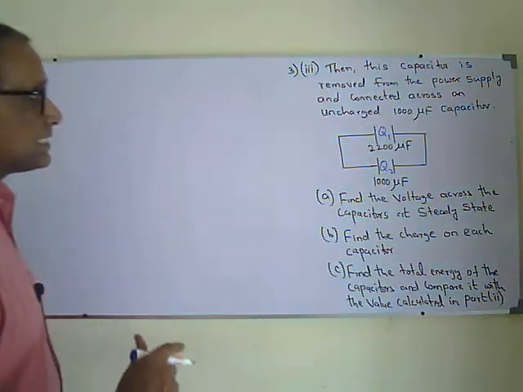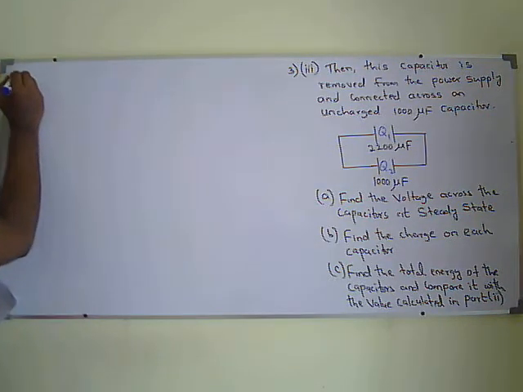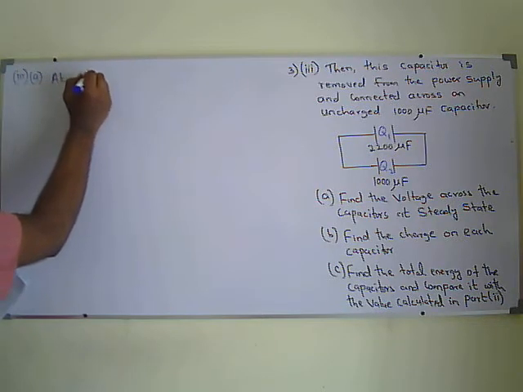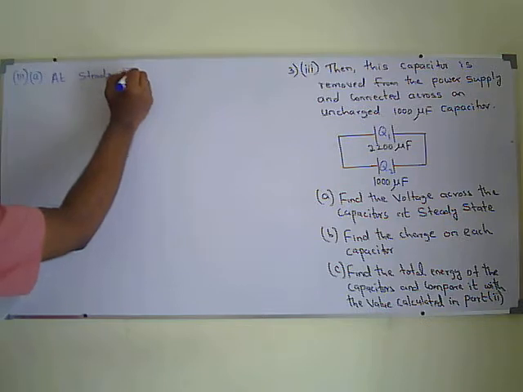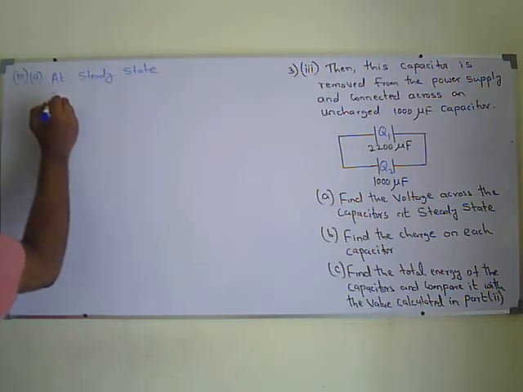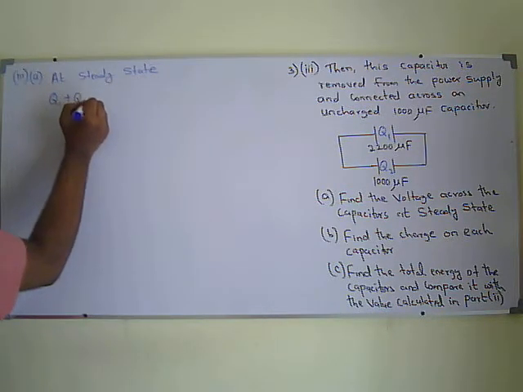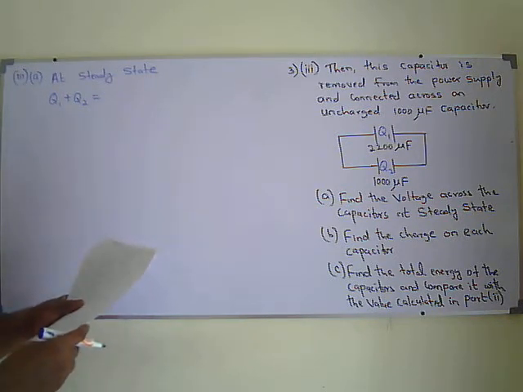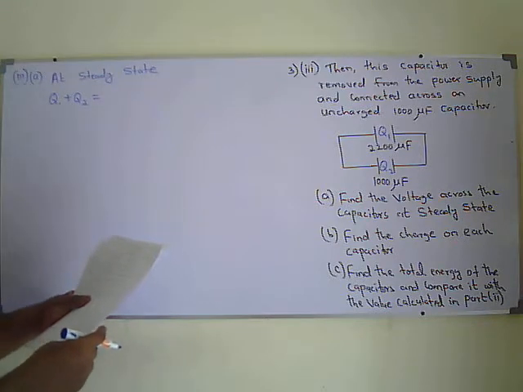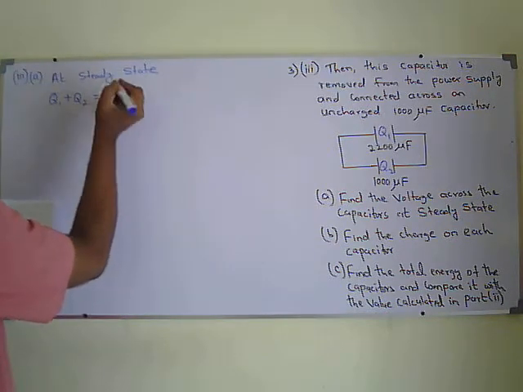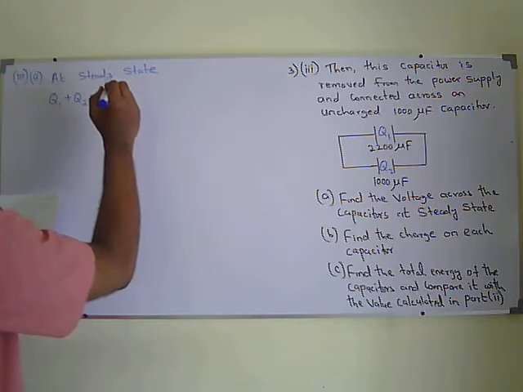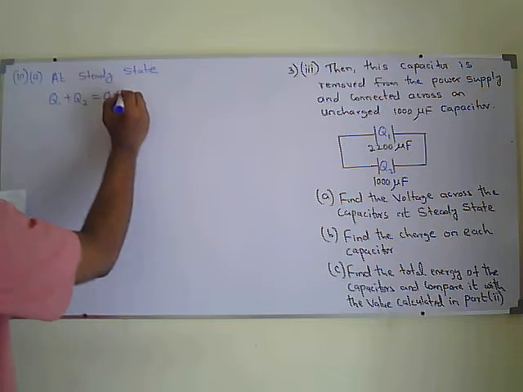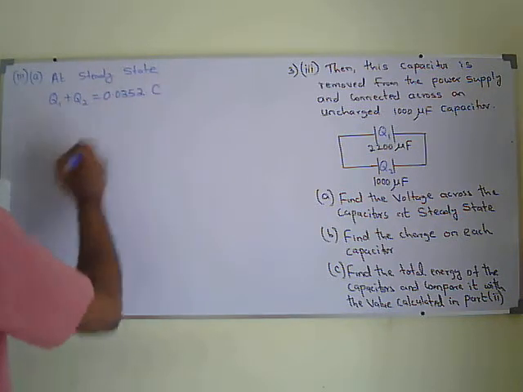So at steady state, Q1 plus Q2 will be equal to the initial charge of the 2200 microfarad capacitor, that is 0.0352 coulomb.